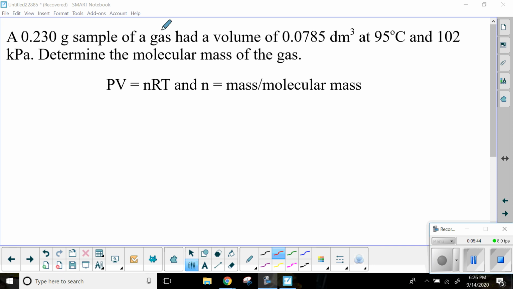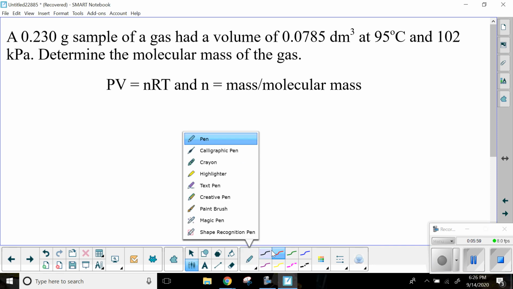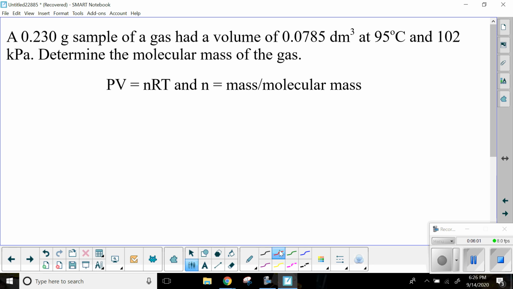So I've got two things going on here. First, my PV = nRT equation contains nothing with mass. So I'm going to substitute this formula in for the number of moles: moles equals little m for mass divided by big M for molecular mass.